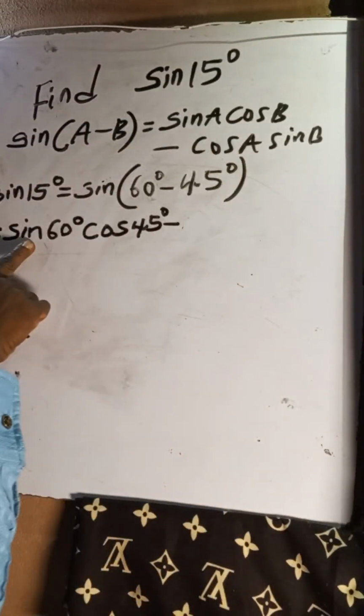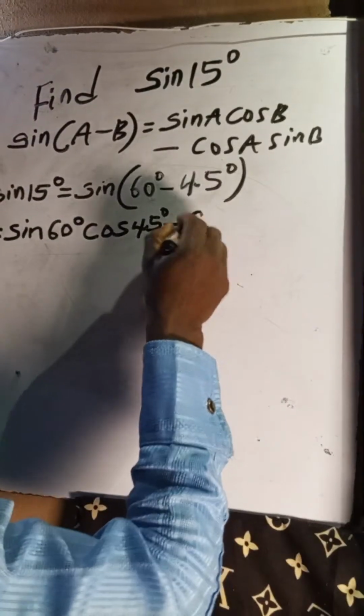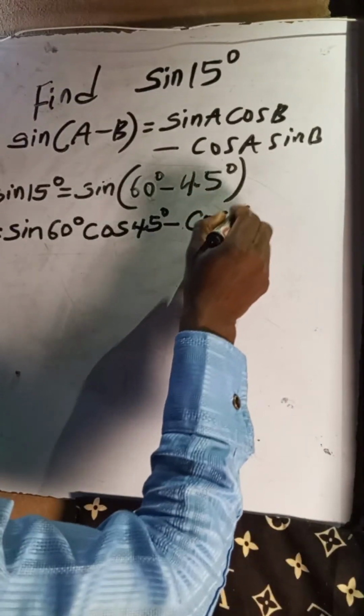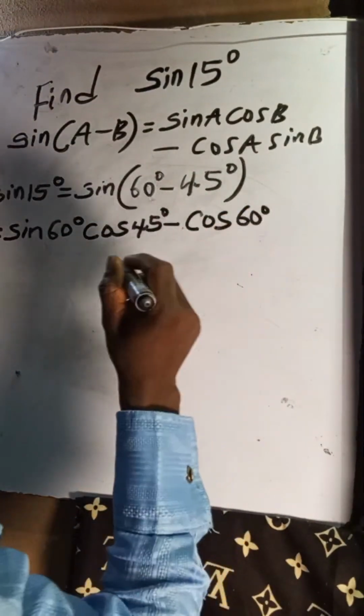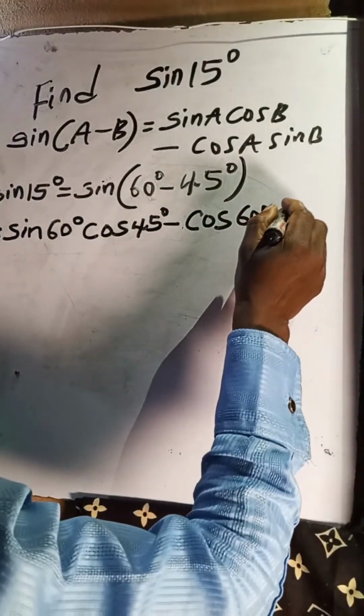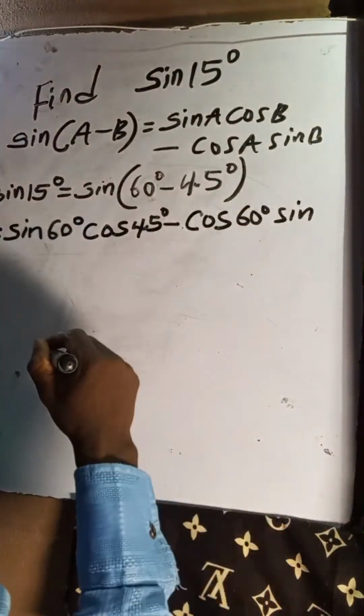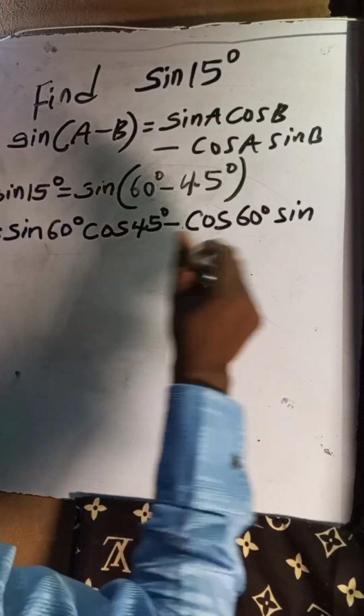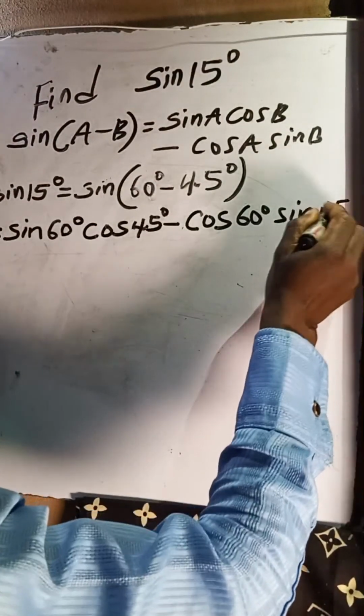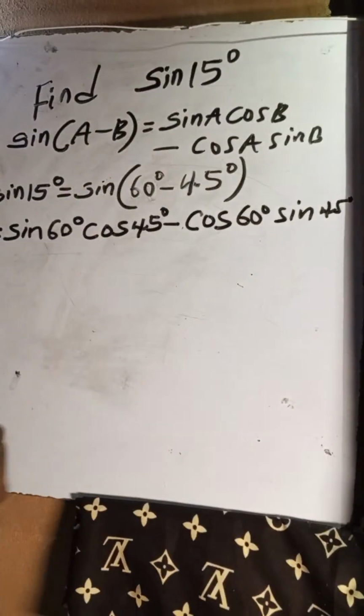Cos A, that's cos 60 degrees, please. Then sine 45 degrees. So this is exactly what we have. I hope we are seeing it very clearly from what I have here.